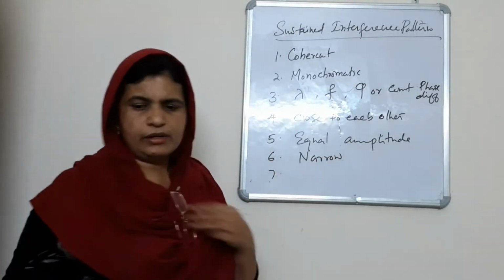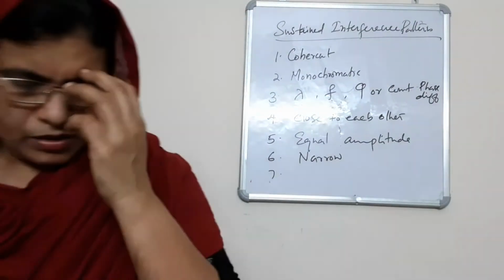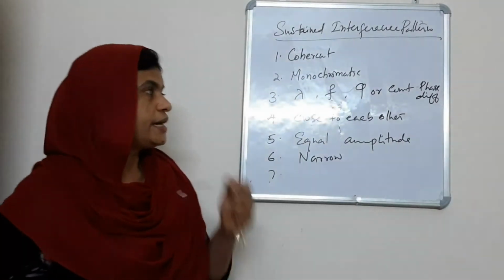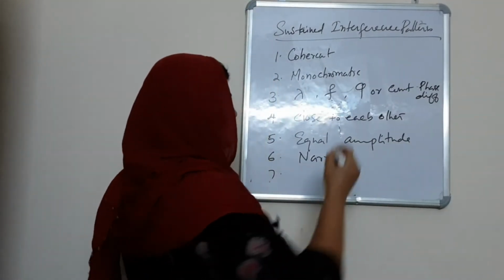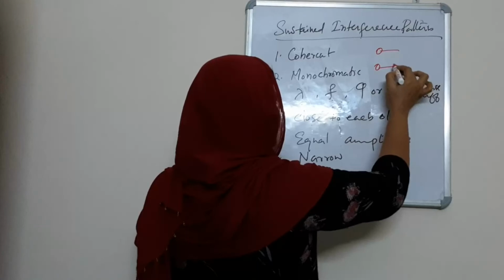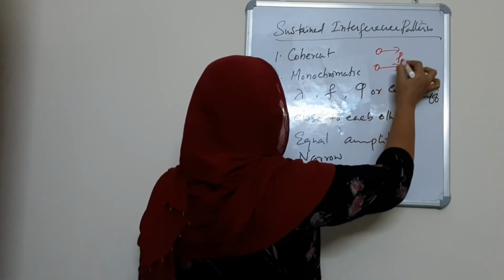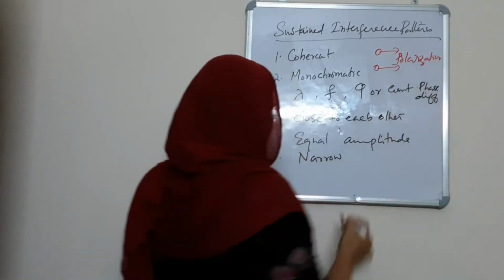And another one. The light from the two sources we use are two coherent sources. If these two lights coming from the coherent sources are polarized, you will study polarization after interference and diffraction.